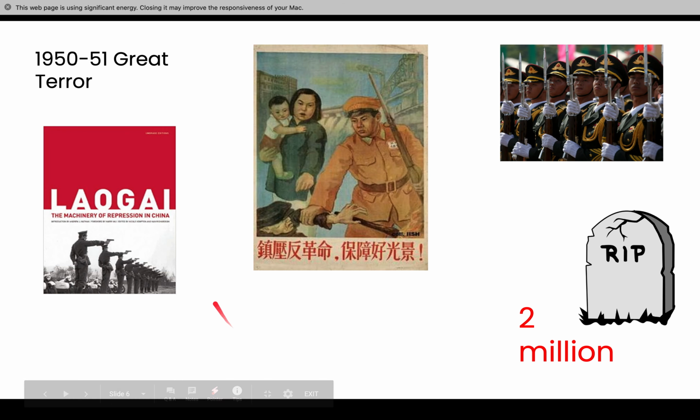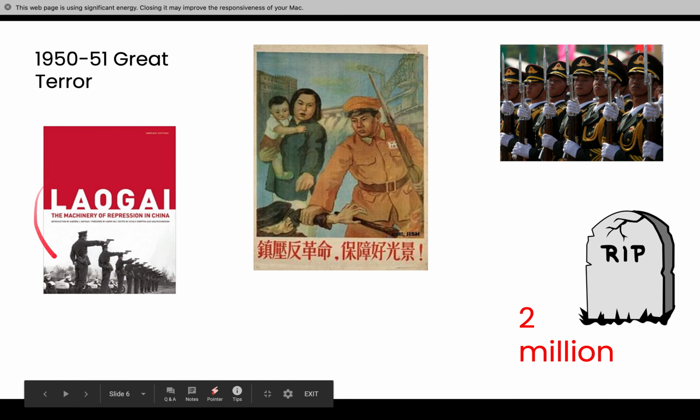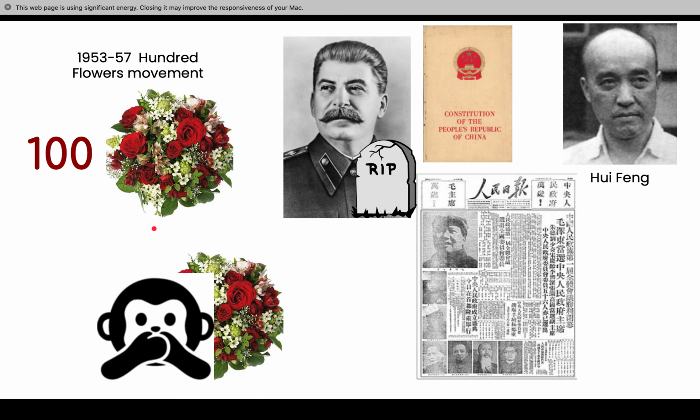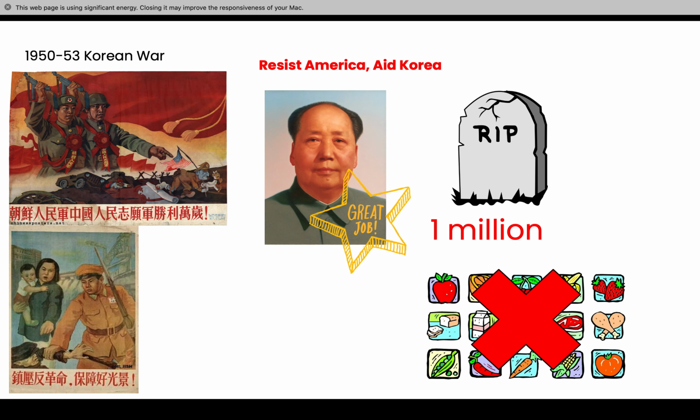Those people were then sent to laogai, where they would undergo thought reform. They would have to confess to their sins, and a lot of these people would end up dead. So the 100 Flowers movement was essentially reversed.